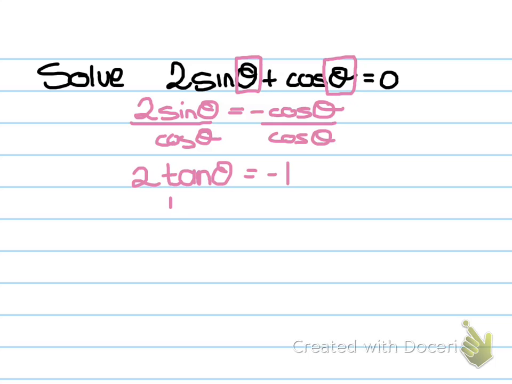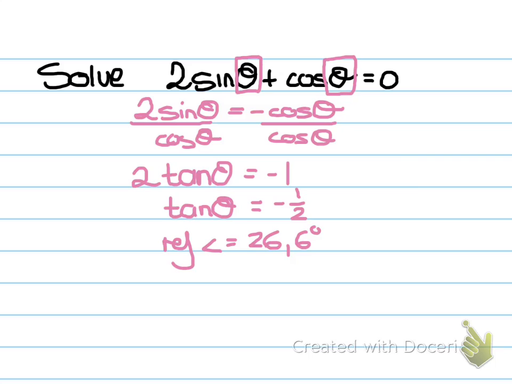Again, it's down to a simple equation, but I want to get the tan theta isolated, so we divide by 2. At this point, I need to reach for my calculator, and I'm going to go shift tan. Don't forget, ignore that negative sign. So shift tan 1/2 will give me 26.6 degrees. So that's my reference angle, 26.6 degrees.